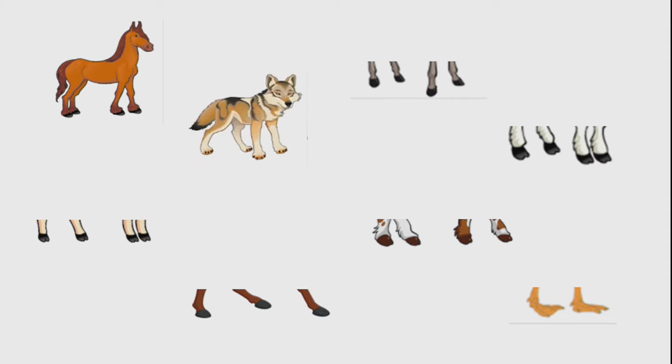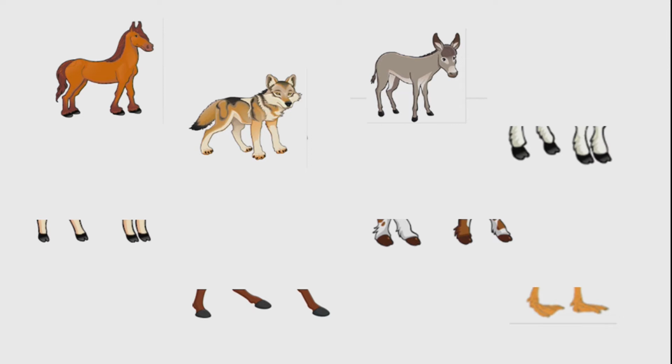Picture 1. A bull? No, it isn't a bull. A horse? Yes, right, it's a horse. Look. The next picture. A wolf? That's true. Okay, a donkey. Right. Picture 4. A cow? Any other ideas?